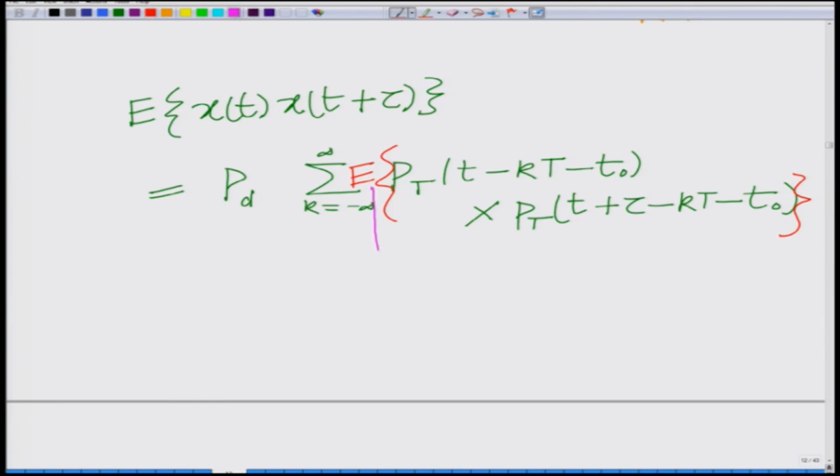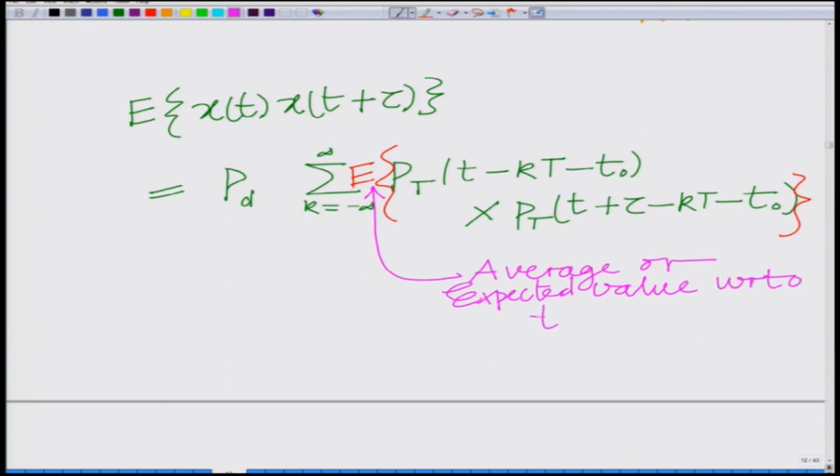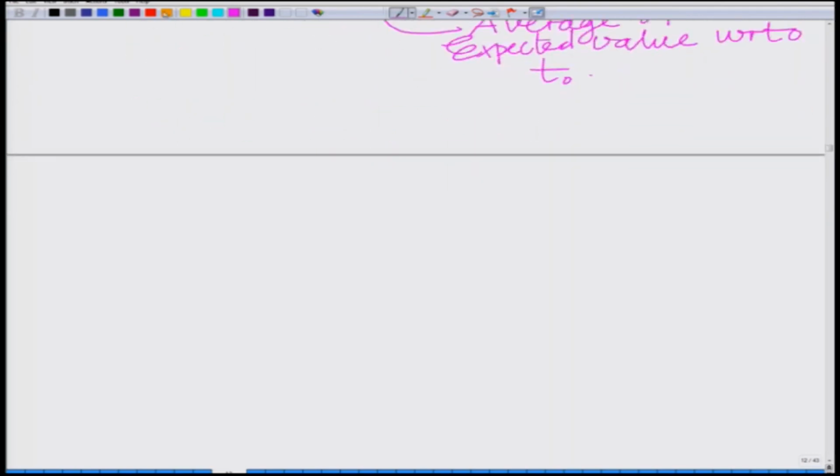Okay. Now, I have to take the expected value of this, because T naught is random. I have to take the average, or the expected value, with respect to T naught, and to take the average with respect to T naught, all I am going to do is multiply by the probability density function.